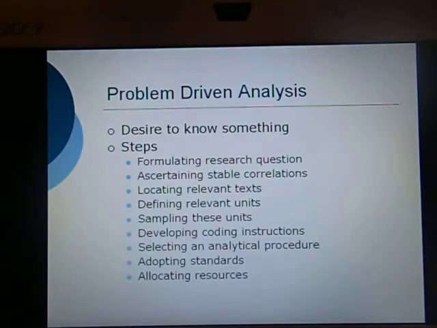Then comes sampling these units of text. If the population of the text that you're utilizing is very large, then you can break it down into a representative sample that you then utilize. Then you want to develop coding categories and recording instructions, and this step is very important.